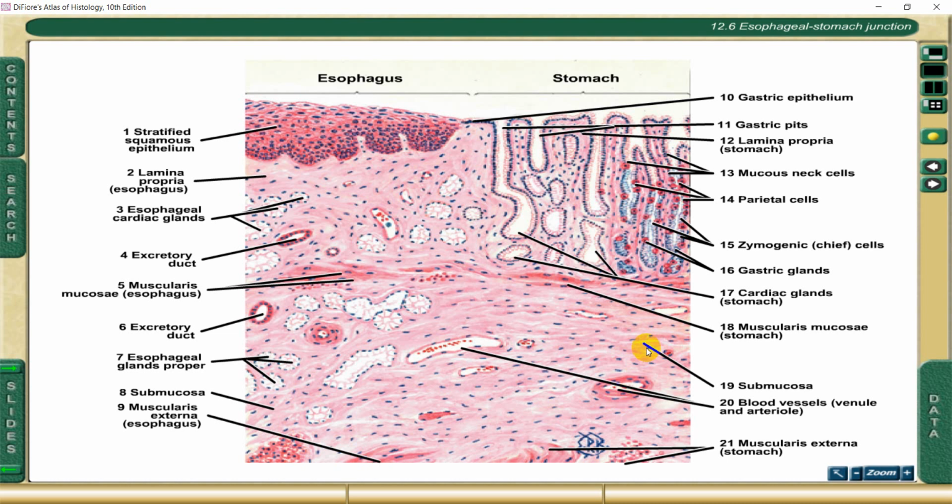Muscularis externa in the stomach has three directions: oblique, circular, and longitudinal muscle fiber. Esophageal with the serosa and adventitia. The stomach is covered by the serosa. This is the comparison between the esophagus and the stomach according to layers.